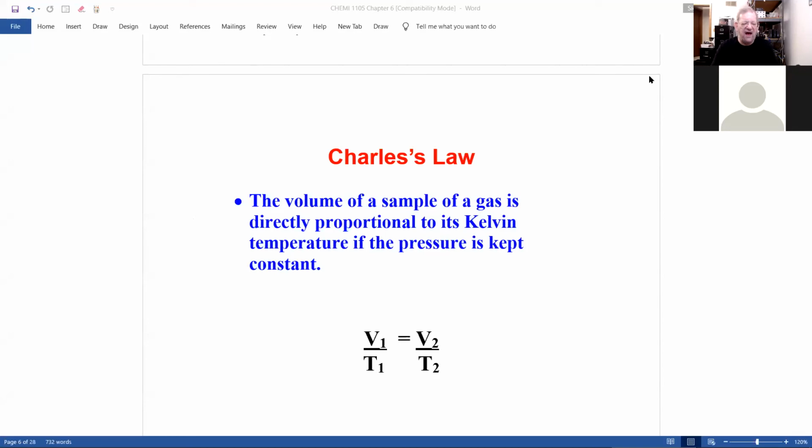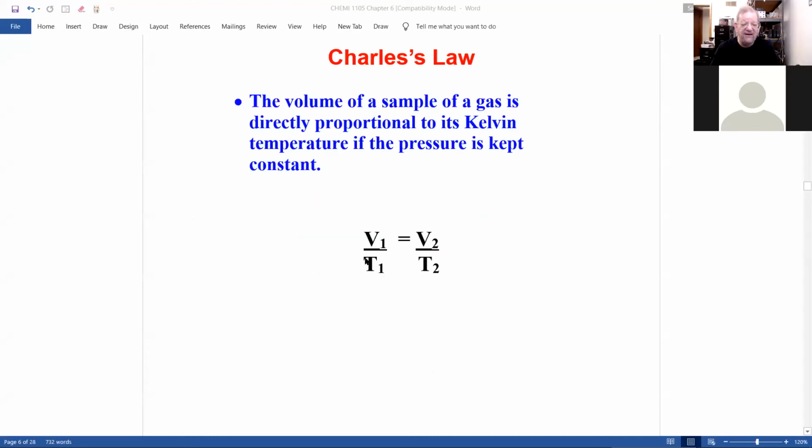When we deal with gas laws, it's always in Kelvin instead of Celsius. You measure it in Celsius and convert to Kelvin. Charles' law is V1 over T1 equals V2 over T2. V1 is the initial volume, T1 is the initial temperature, V2 is the final volume, and T2 is the final temperature.